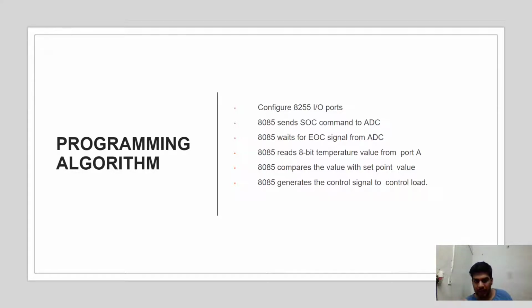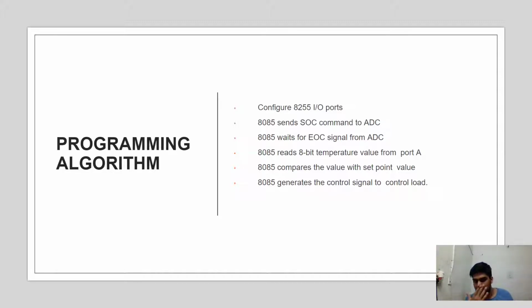Then the 8085 sends the SOC command to the ADC. It waits for the EOC signal from the ADC. After the EOC signal, when things are good to go, the 8085 reads the 8-bit temperature value from port A. Then the 8085 compares the value with the set point value, or the two set point values, depending on the system. And then the 8085 generates the necessary control signal to be sent to the load.